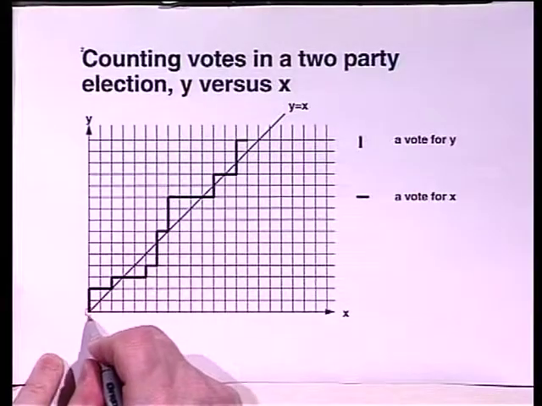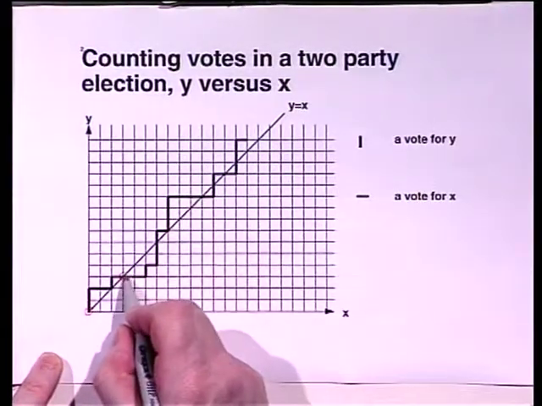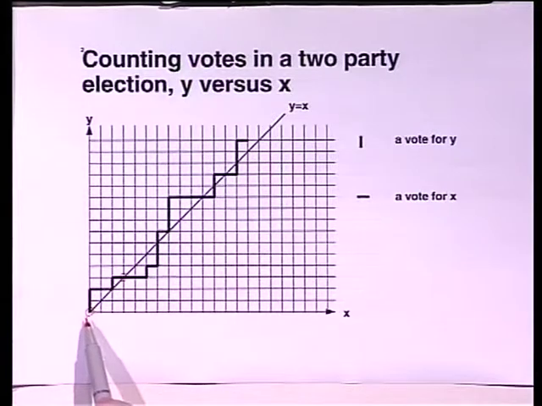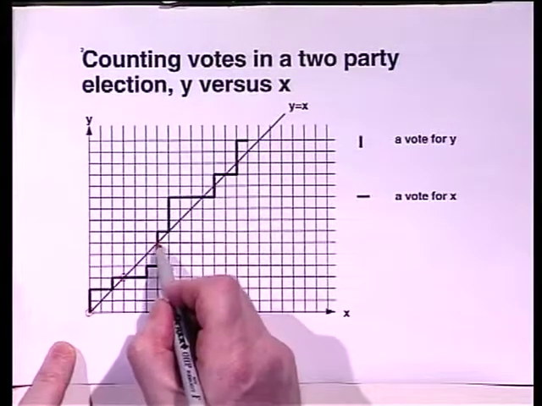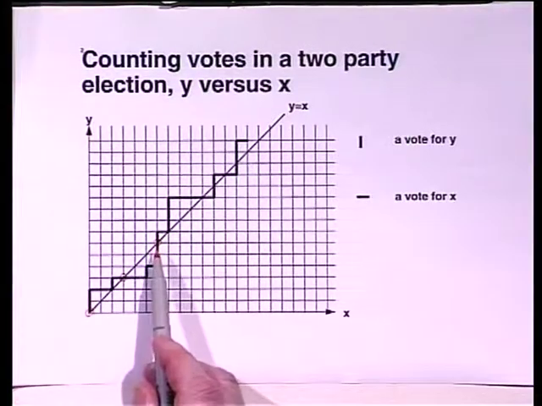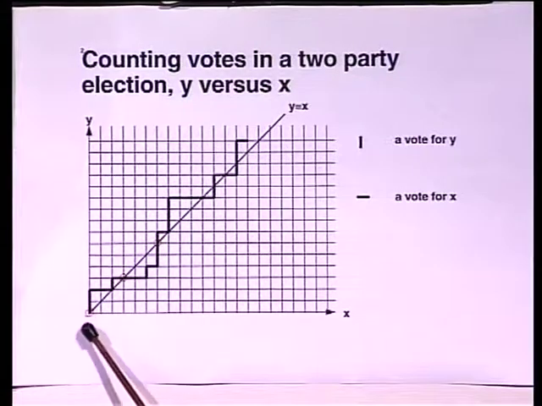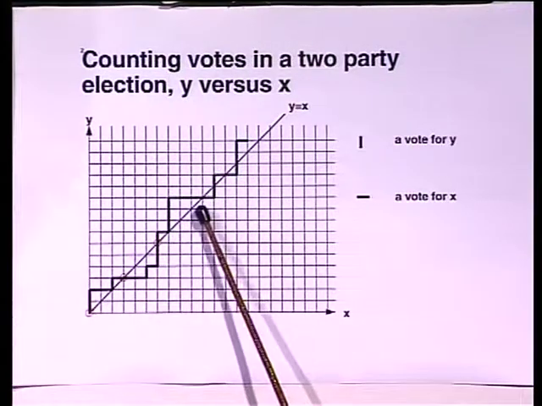If we look at the beginning of the election, where the candidates are level pegging, we then might look at another place, and from this place to that place, candidate Y has never fallen behind candidate X. From this place to that place, candidate X has never fallen behind candidate Y. And the whole election is a sequence of regions where, first of all, Y is never behind, then X is never behind, then Y is never behind, and so on.